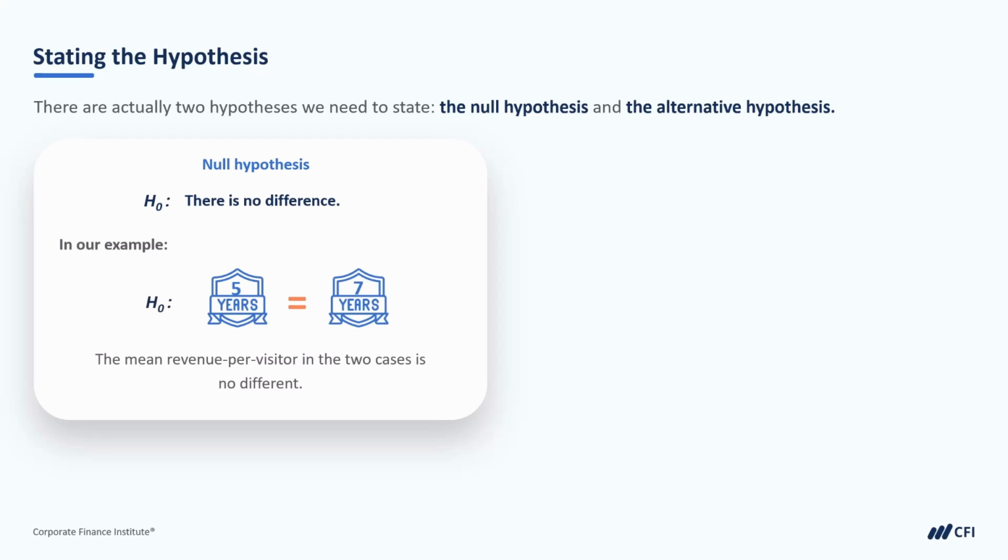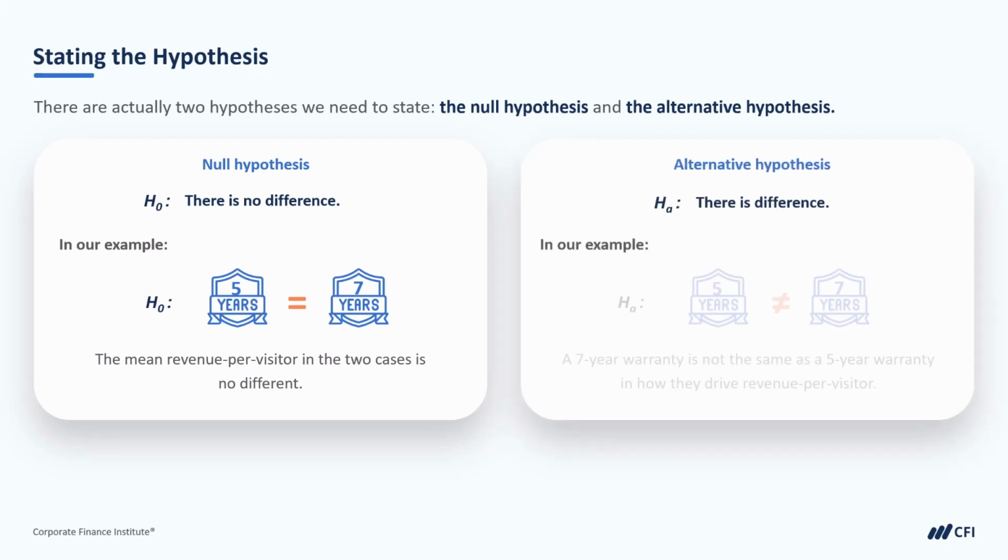The mean revenue per visitor when displaying a 5-year full warranty is the same as when we display a 7-year limited warranty. The alternative hypothesis, represented by HA, takes the opposite stance. In our example, the alternate hypothesis would be that a 7-year warranty is not the same as a 5-year warranty in how they drive revenue per visitor.